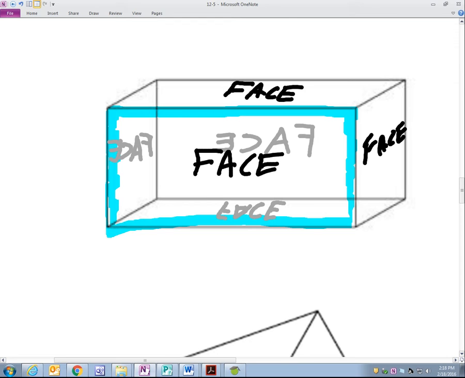That would be if you were looking at them at every angle, that's what it would look like. So we have written in the 6 faces: front, back, top, bottom, left, right.